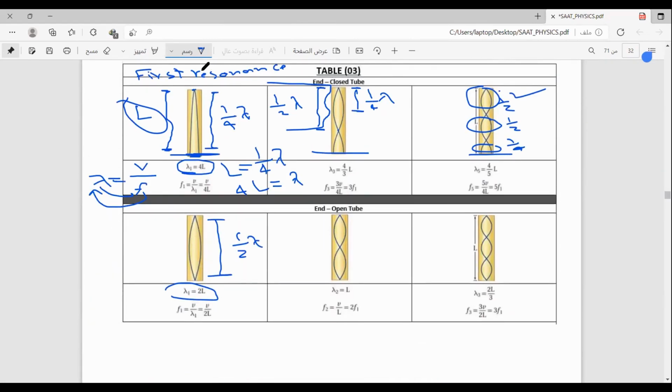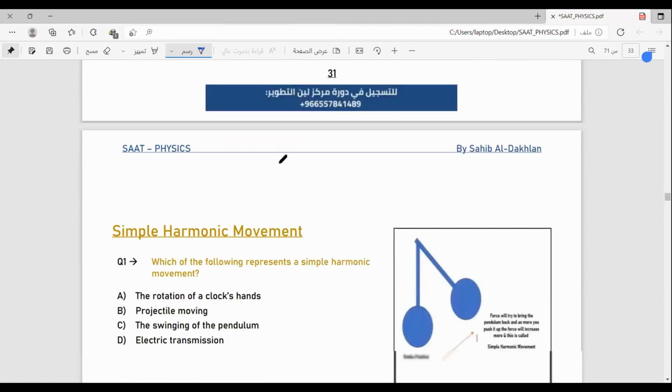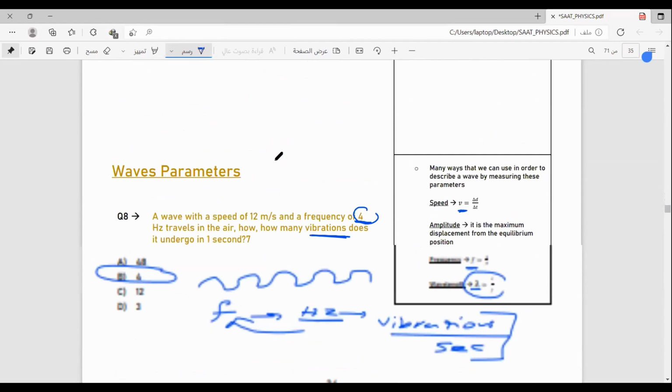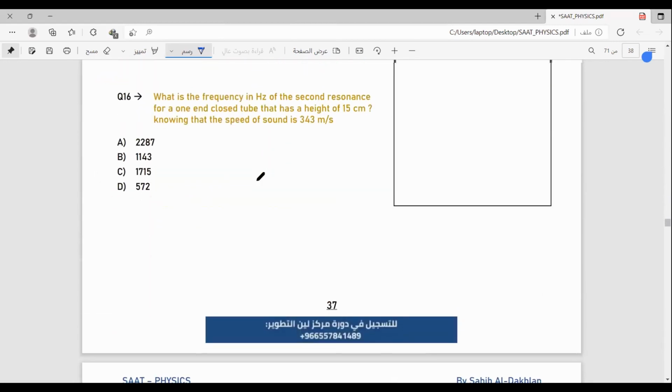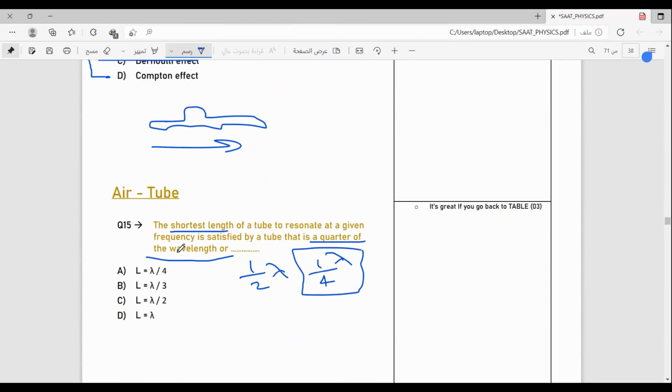Yes, you see, this is the lowest one. Can you see any other lowest than this? No, it's the lowest one, so it is a quarter. He's asking what is the shortest length among the tubes. So he's stating a quarter of the wavelength, which is A.